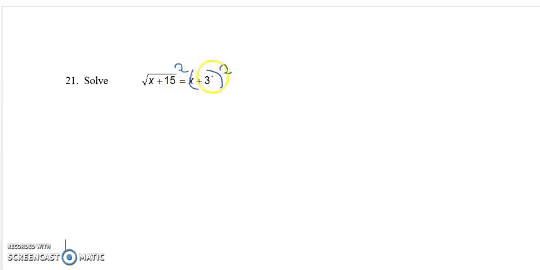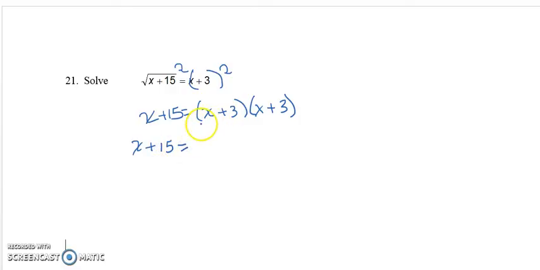Okay, so that means when we square the right side, we need to multiply x plus 3 times x plus 3. So it means we need to FOIL the right side. Okay, the left side, the square and the square root just cancel, leaving us with x plus 15. Alright, so let's go ahead and FOIL the right side. So let's just bring down the left side, x plus 15.